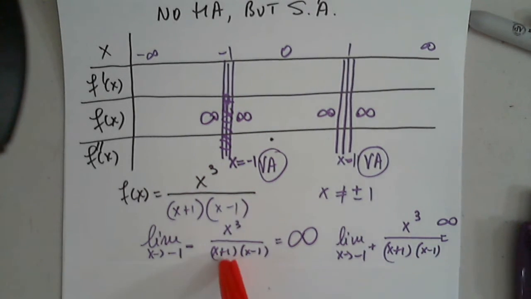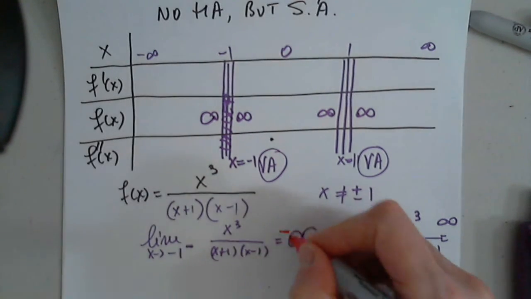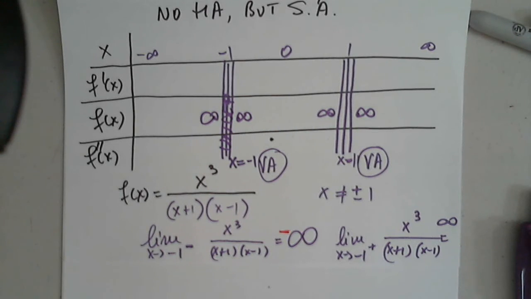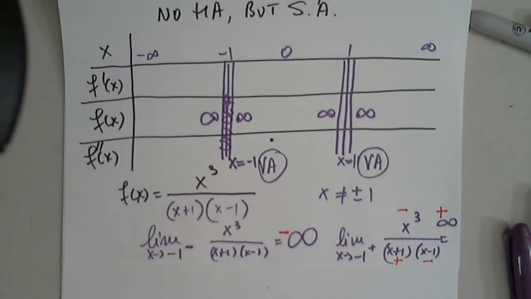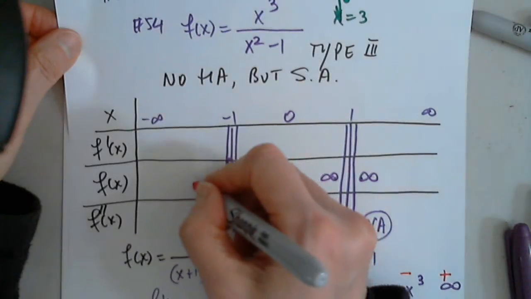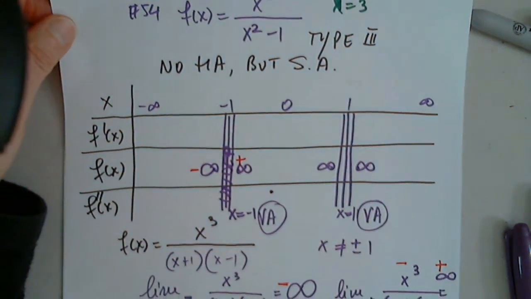This is negative, this is negative, this is negative. So it must be 3 negatives. With negative 1 from the right, like negative 0.9, this is negative, this is positive, and this is negative. So then the sign is positive. So negative here, positive here.